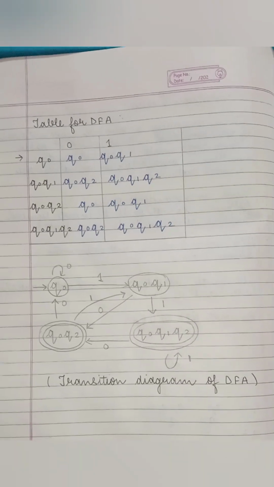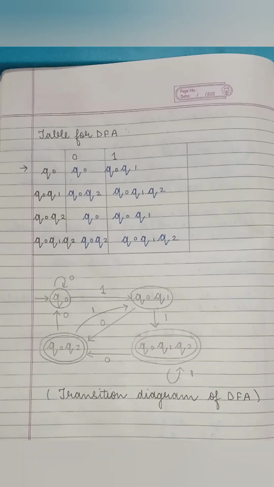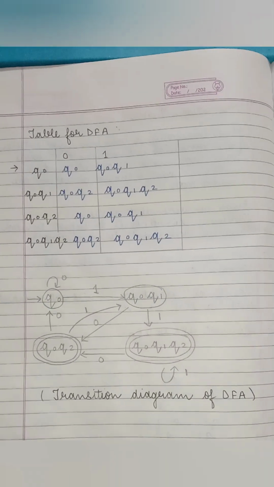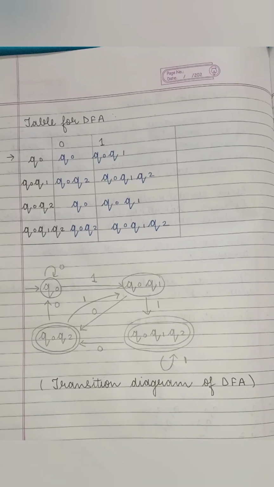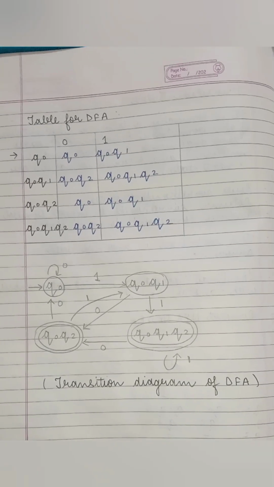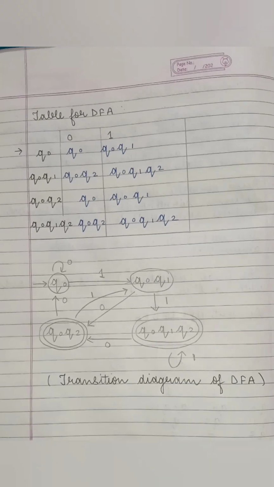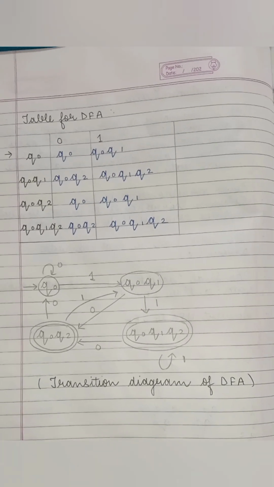We take these two as the final or accepting states because in NFA Q2 was the final state, so in DFA all the states containing Q2 will be considered final states. This is the transition diagram of DFA.